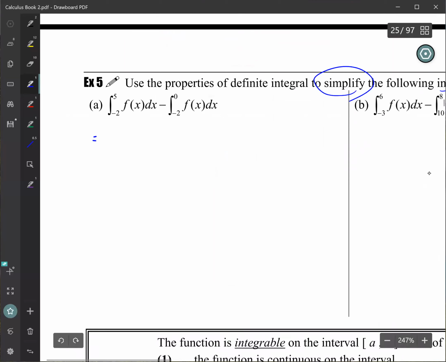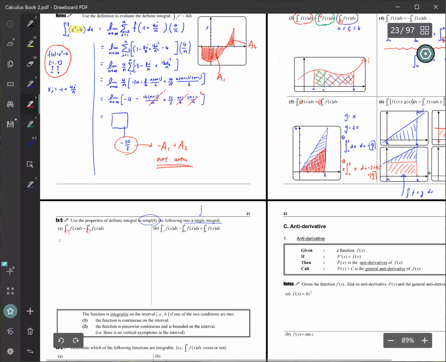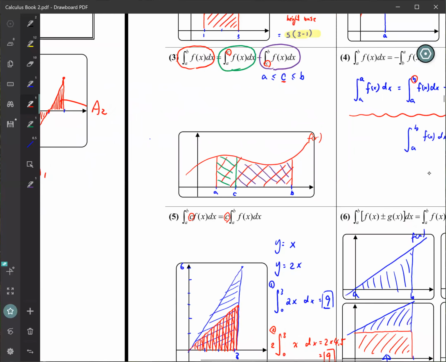So for this one, you have -2 to 5, area from -2 to 5 under f of x. And you want to subtract this with -2 to 0, okay? So what we see here is there's something the same, right? But then if you want to use number 3, the same value, it should be one at the top, one at the bottom, right?